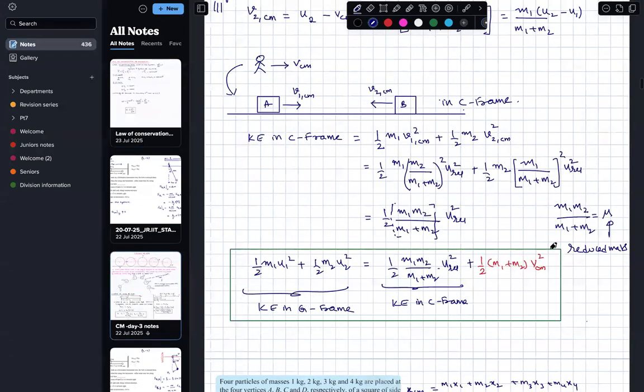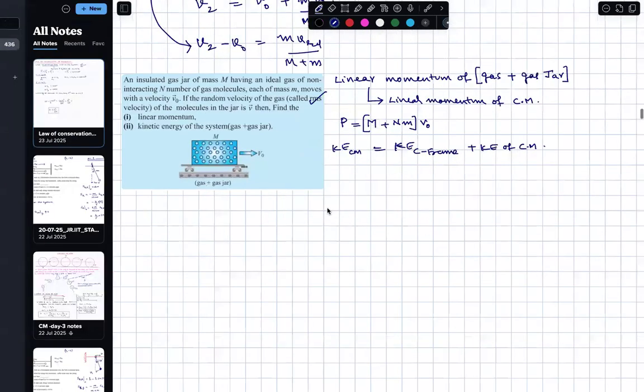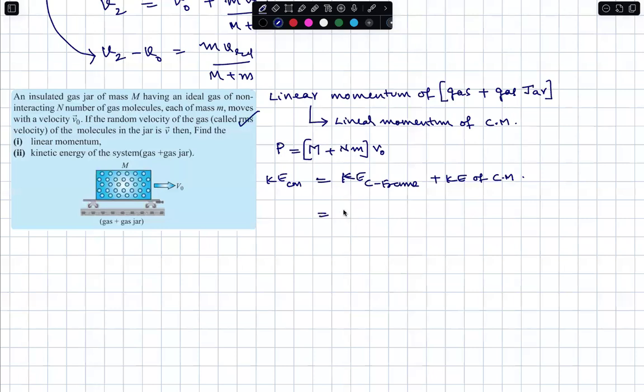KE in the C frame plus the kinetic energy of the center of mass. That I'm applying here. Sir, why are you writing like this? Because with respect to the container, V relative square is nothing but V bar square, that's what you have given.